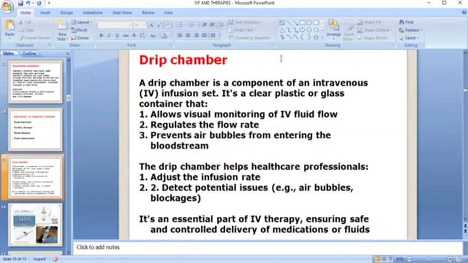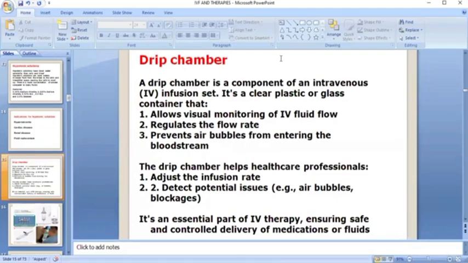Drip chamber. What is a drip chamber? It is a component of an intravenous infusion set. It is that plastic or glass container we see that fluid drops into.